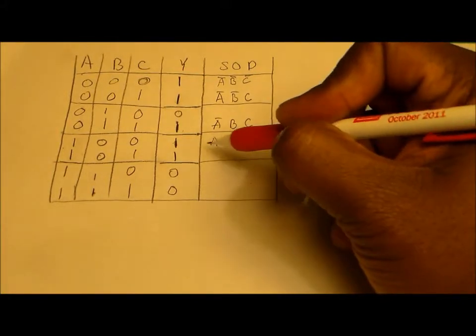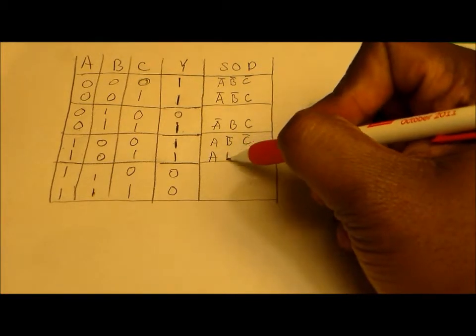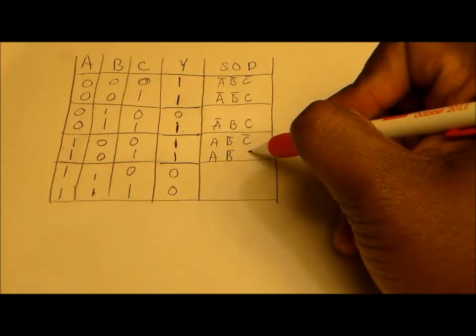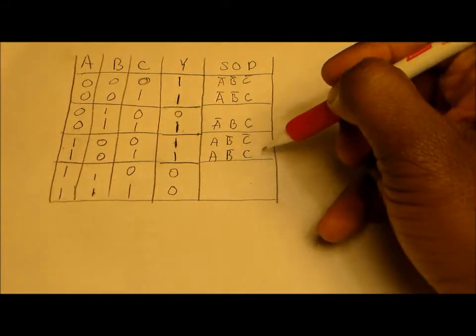And then for our final one here we'd have A, B naught, and C.